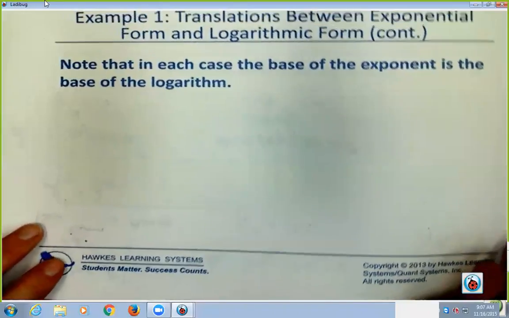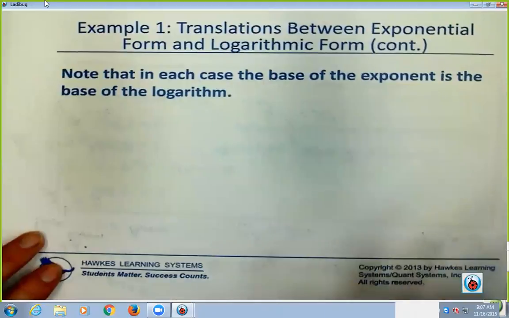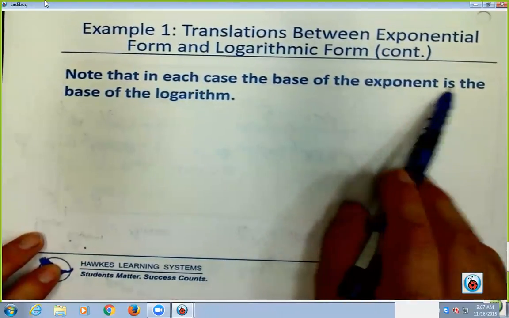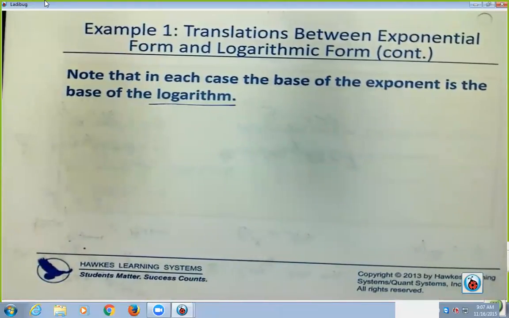Okay, so a note is that in each case, the base of the exponent is the base of the logarithm. The base meaning that little number in your logarithm.